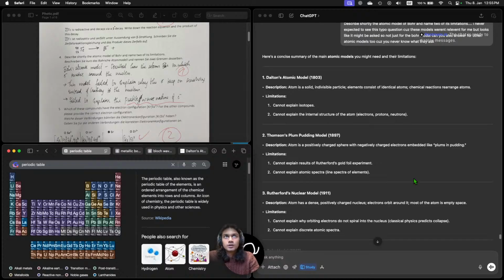Cannot explain atomic spectra. Line spectra of elements. Rutherford's nuclear model.